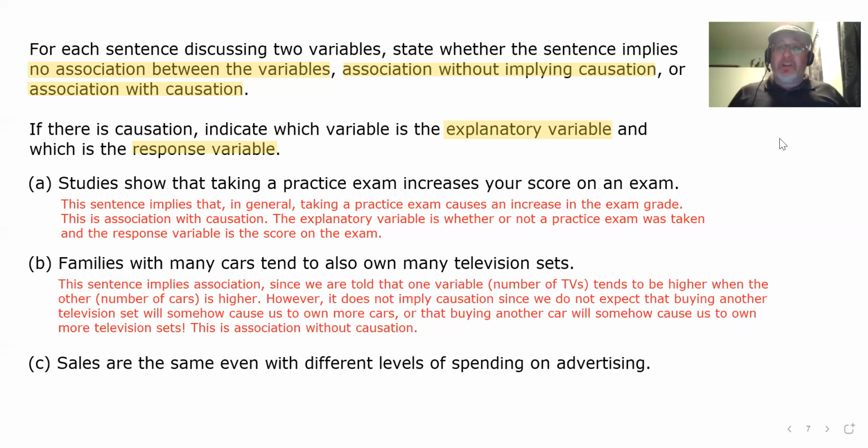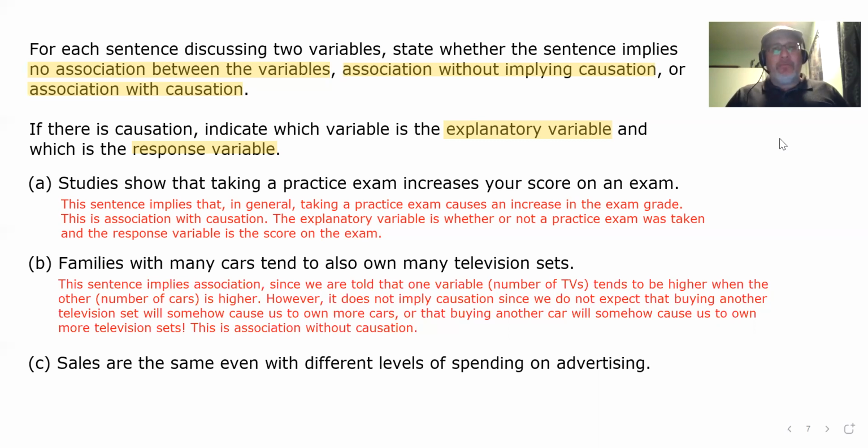Now, in the next video, we're going to talk about confounding variables, meaning that there's a third variable not being discussed that might be associated with these two variables and actually have a causation. So can you think of a third variable that might be associated with having more cars and having more television sets, a third variable that might actually cause you to have more cars and more television sets?